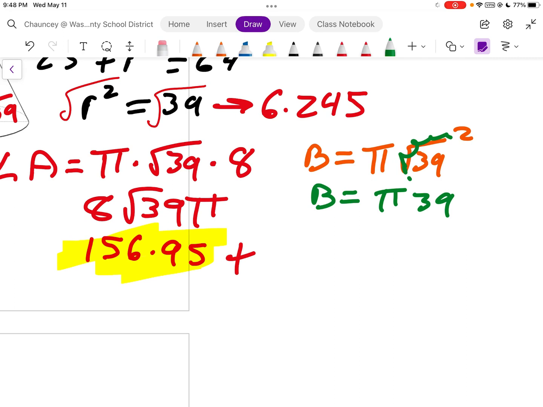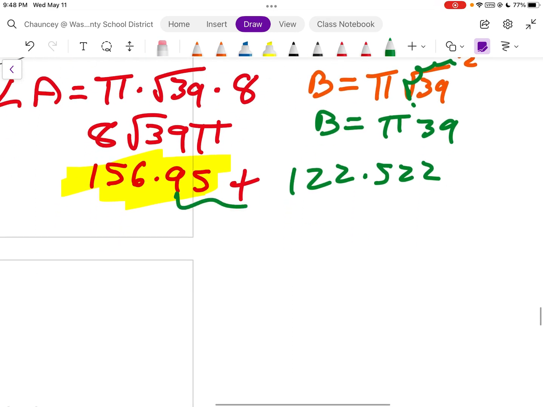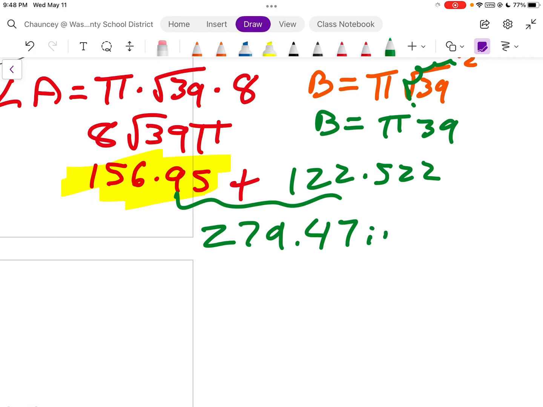So you get 39 pi, 122.5. Yeah, we'll call it plus 122.522. And if you add that together, your final answer ends up being 279.47 inches squared.